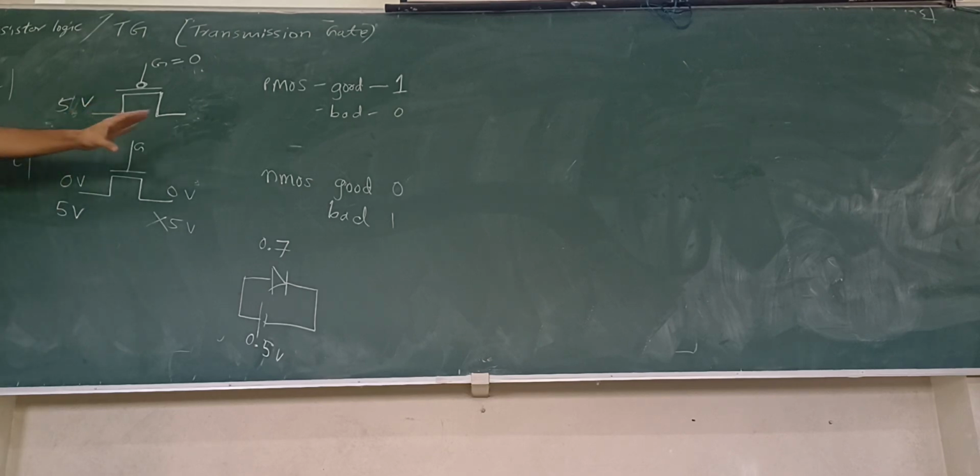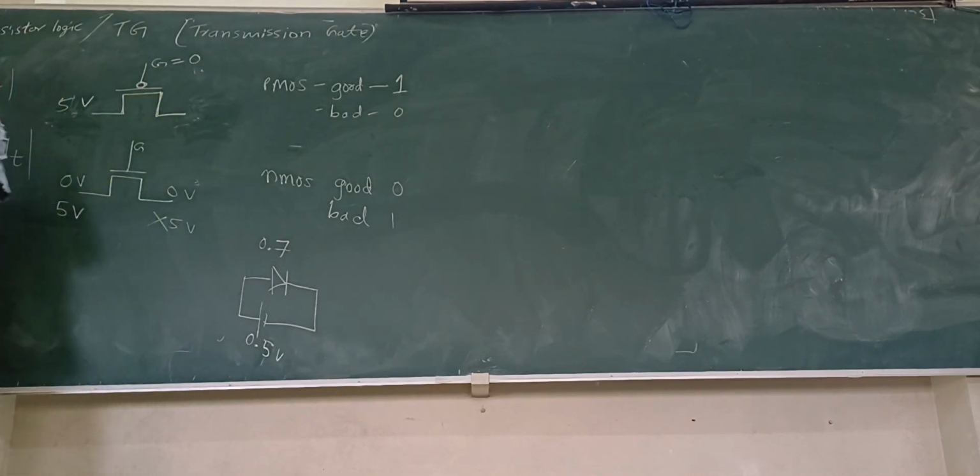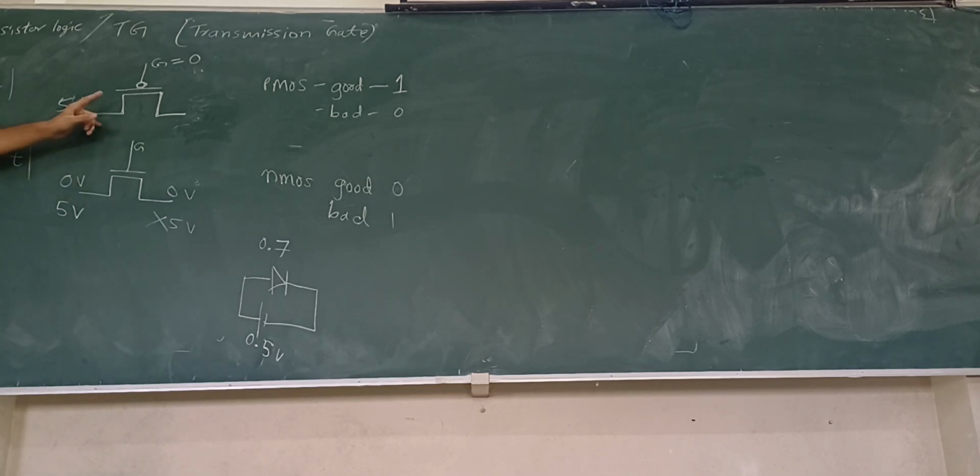Now the diagram splits into a schematic. There we saw the source of PMOS is at the top. Why? Because the source of PMOS should be connected at the highest potential, and the source of NMOS at the lowest potential. Let us assume this is the source, because I gave 5 volts here. So VG minus VS is 0 minus 5, which is minus 5.